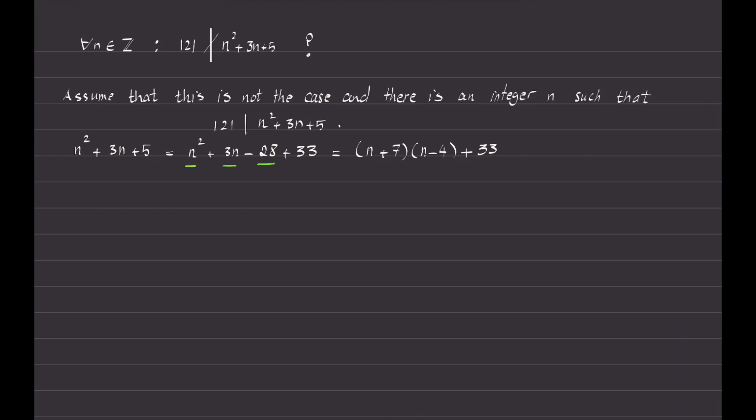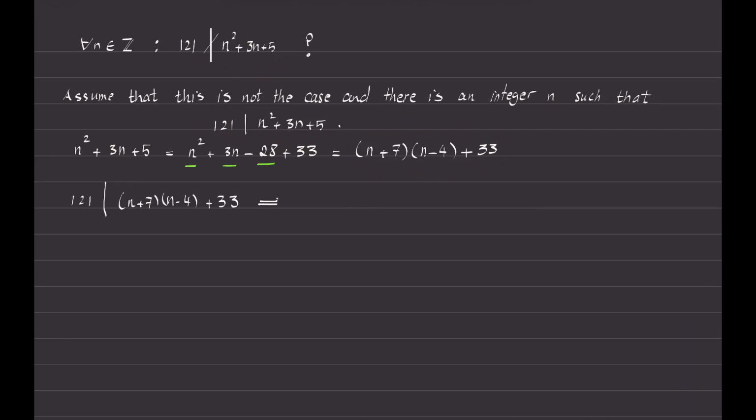If this is not the case, then I have to accept that this number is divisible by 121 for some integer n. So 121 divides (n plus 7)(n minus 4) plus 33.